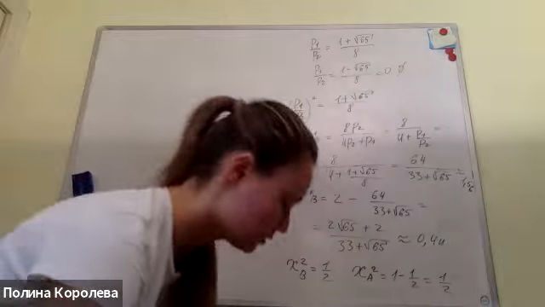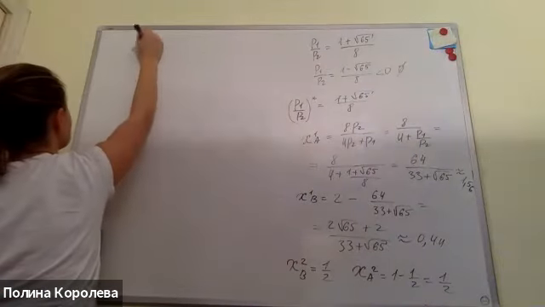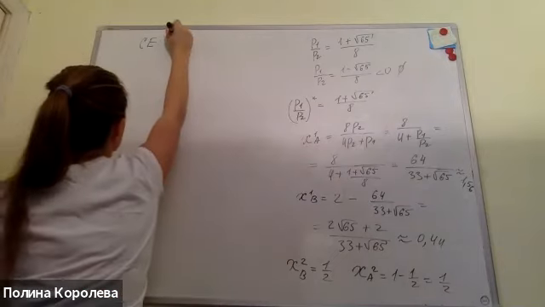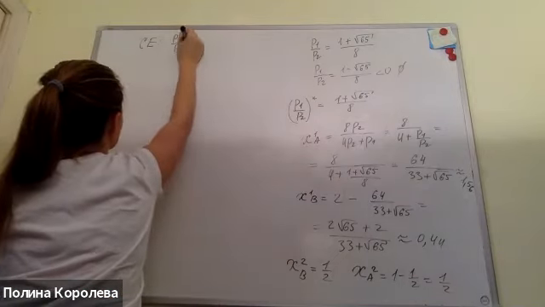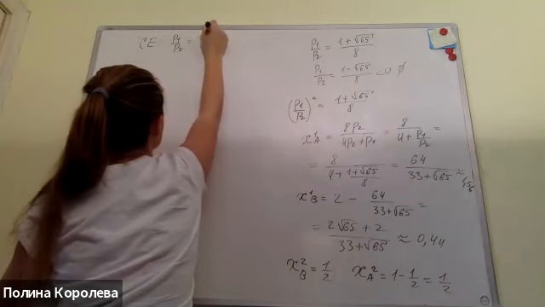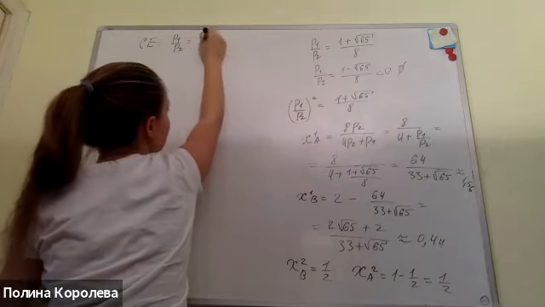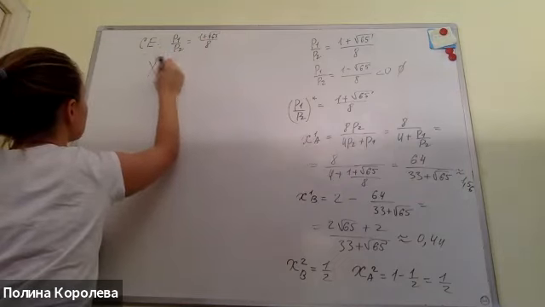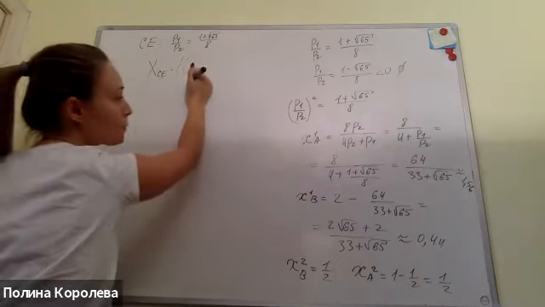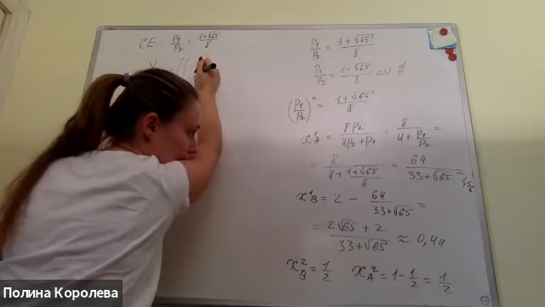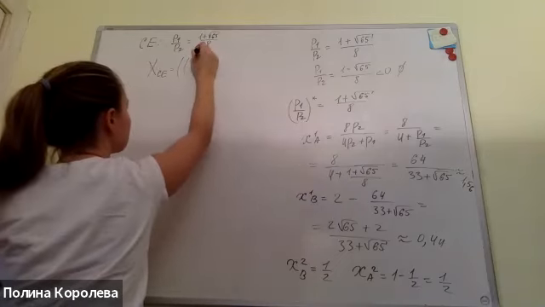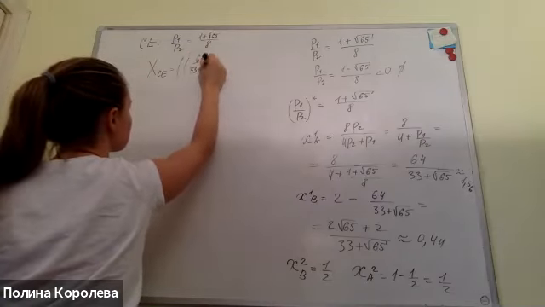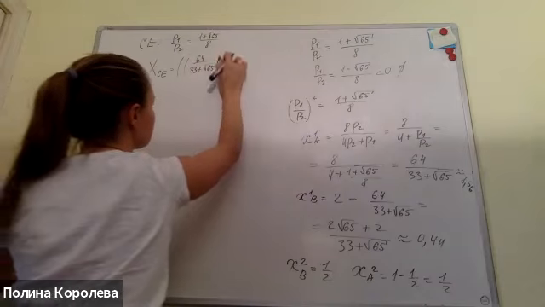So let's write down the answer. The competitive equilibrium in our economy is as follows. The equilibrium price ratio equals 1 plus the square root of 65 divided by 8. And the equilibrium allocation is: individual A consumes the first good 64 divided by 33 plus the square root of 65, and the second good 1/2.